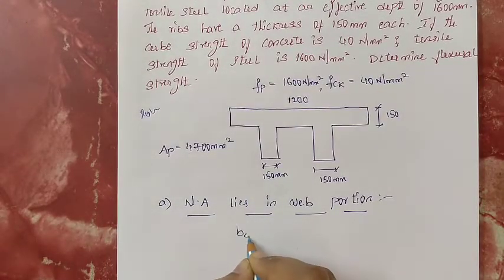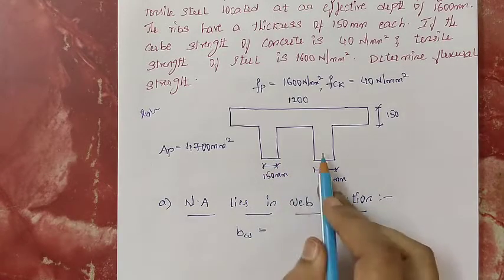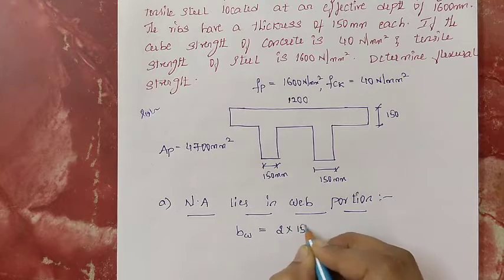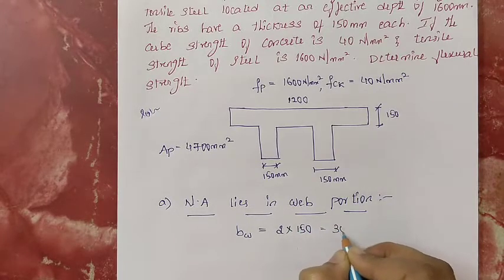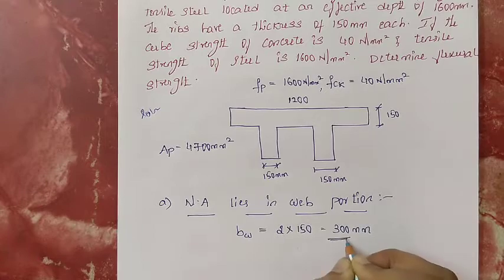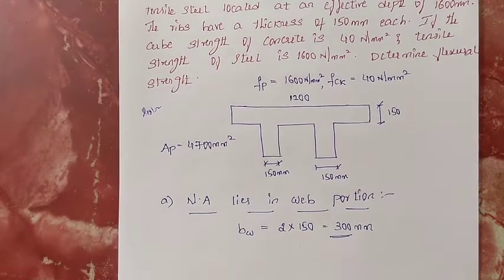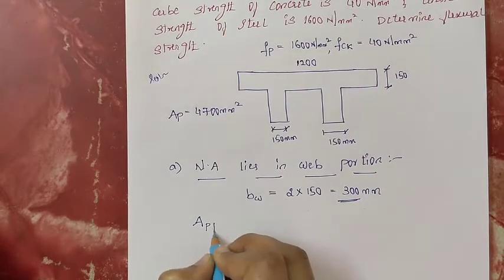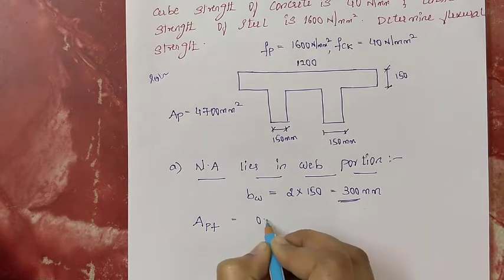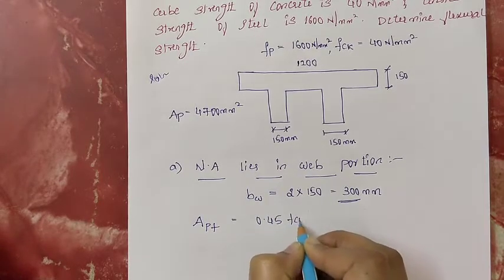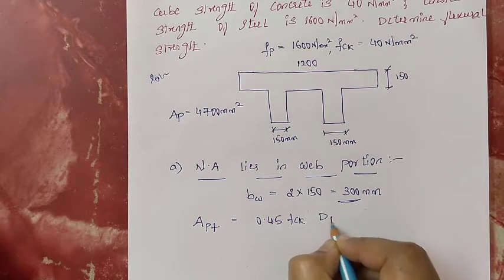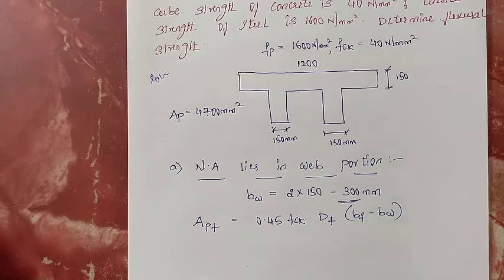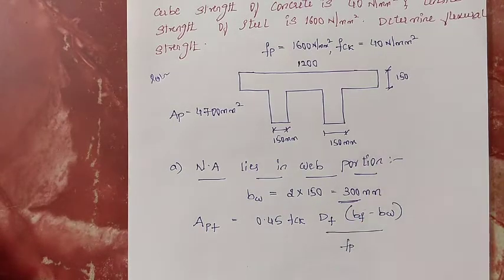It is a double T section. First you need to calculate width of web. It consists of two web portions, so width will be equal to twice of 150 mm. You will get it as 300 mm. First you need to calculate APF value, that is 0.45 FCK into DF into (BF minus BW) divided by FP.